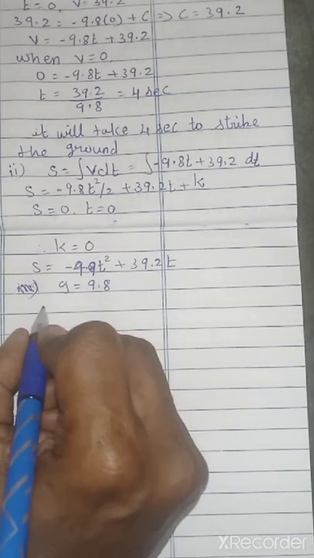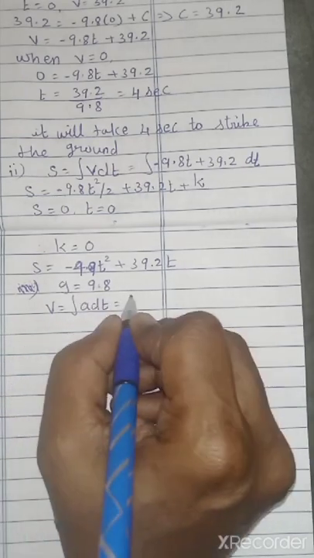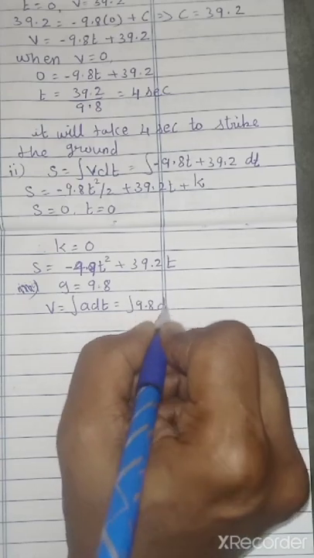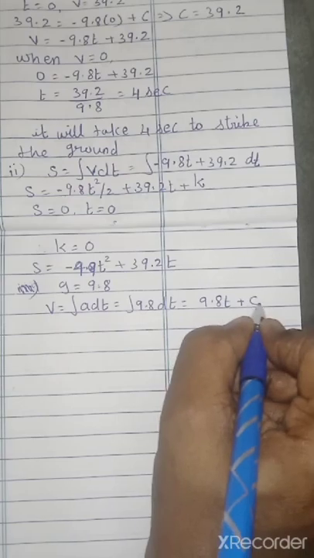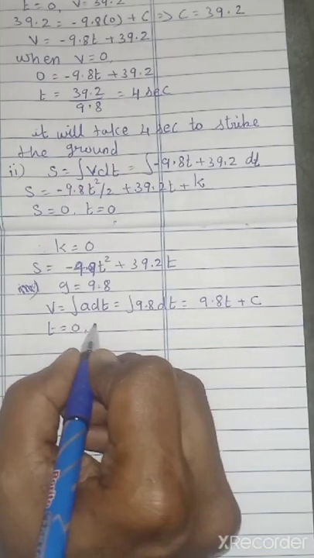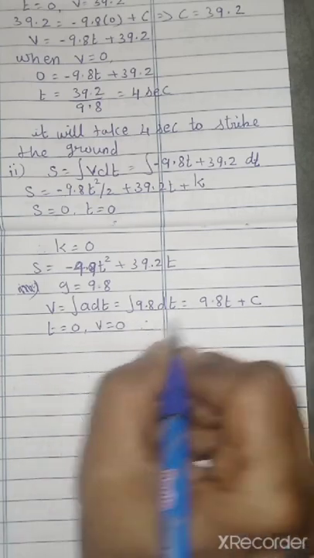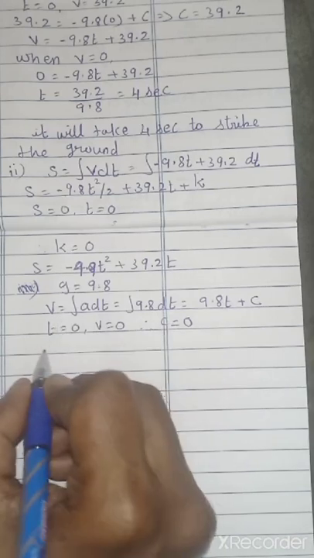Okay, so again velocity equal to integral of a dt, that is integral of 9.8 dt, that is 9.8 t plus c. Correct? So we can take at the strike of the ground t equal to 0, v equal to 0. Therefore, putting v0 and t0, we will get c equal to 0.